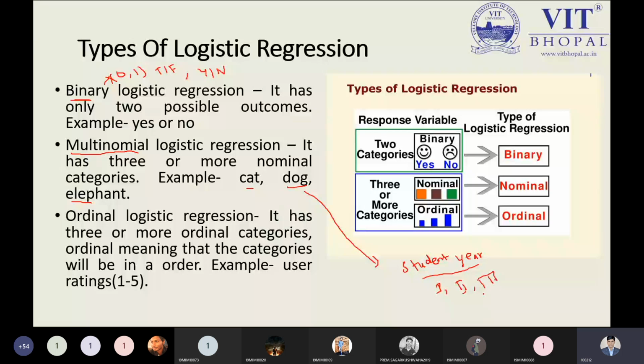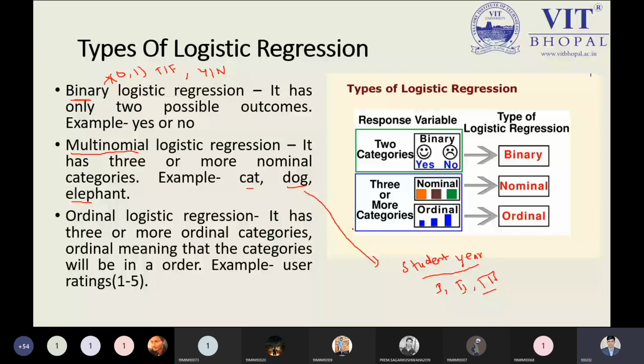If I take an input and look at his or her enrollment number, I can say this student belongs to the third year, this student belongs to the first year. That is a classification I can do. When we have three or more nominal values, this is known as multinomial.